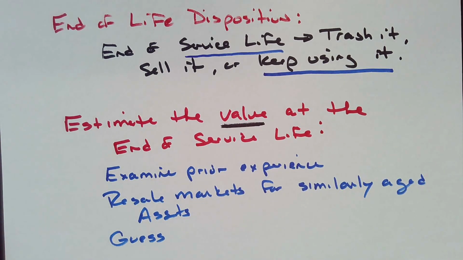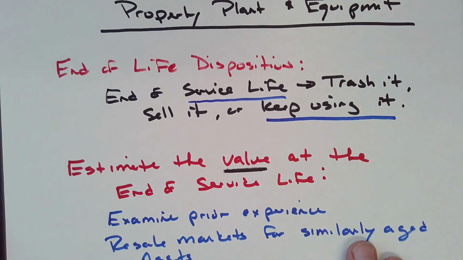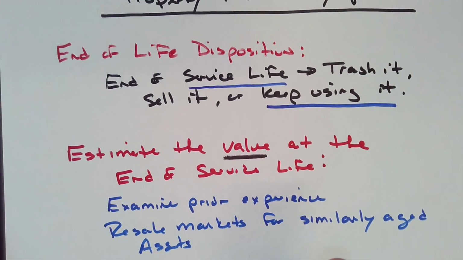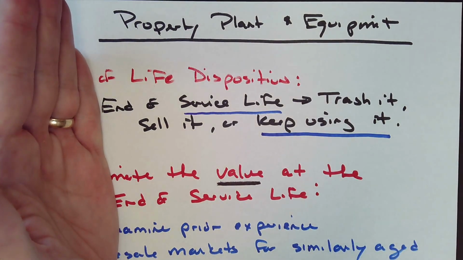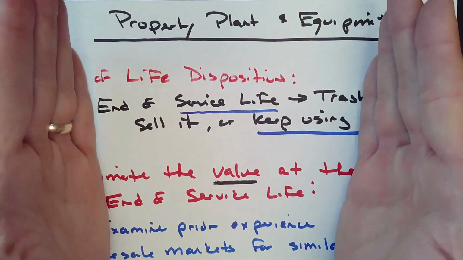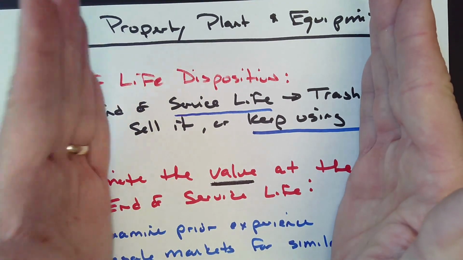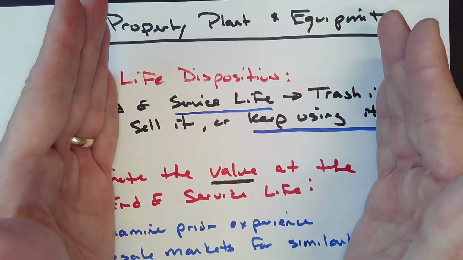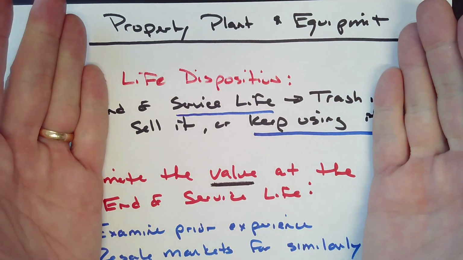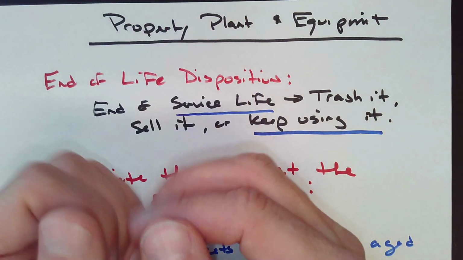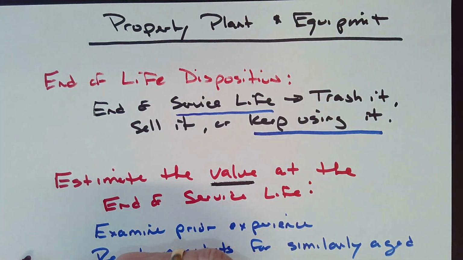And the reason why these are so important is this helps me understand the costs that I put into this property, plant, and equipment. This helps me understand, well, if I know I'm going to use it for this long, it cost me this, and it's going to have a value of this at the end, then the difference between what I paid for it and what I think the value is going to be at the end represents the costs that are going to expire over the service life.